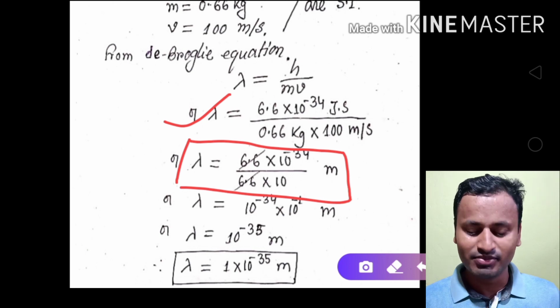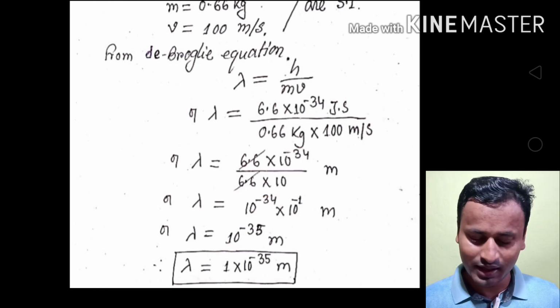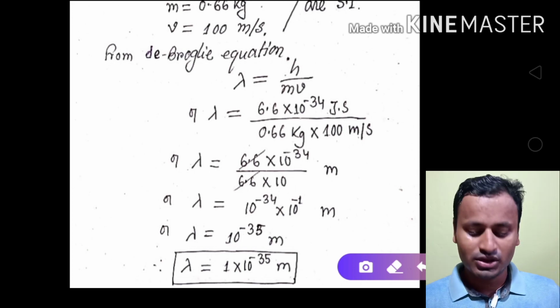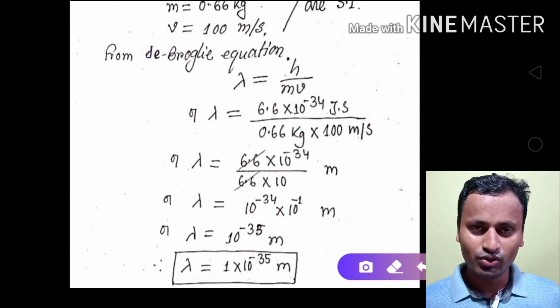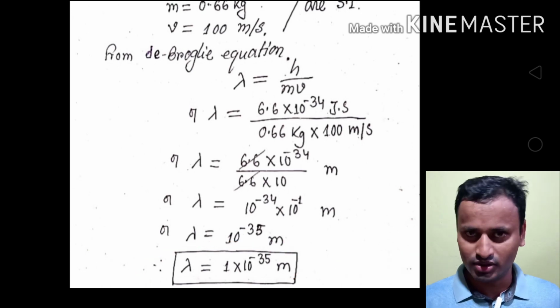Then simplifying, lambda equals 6.6 into 10 to the power minus 34 divided by 6.6 into 10. Then lambda finally equals 1 into 10 to the power minus 35, which is the answer of this question.